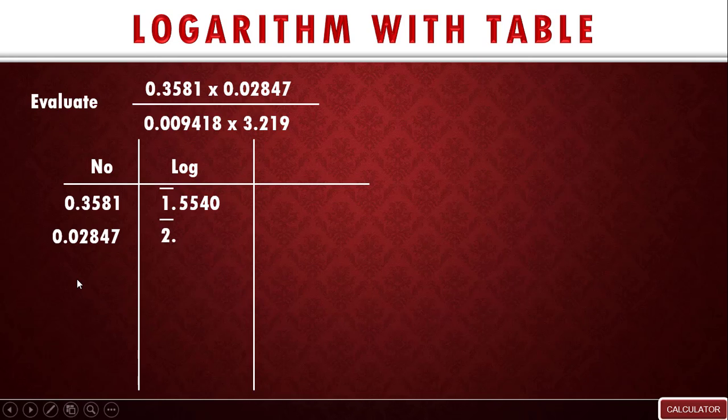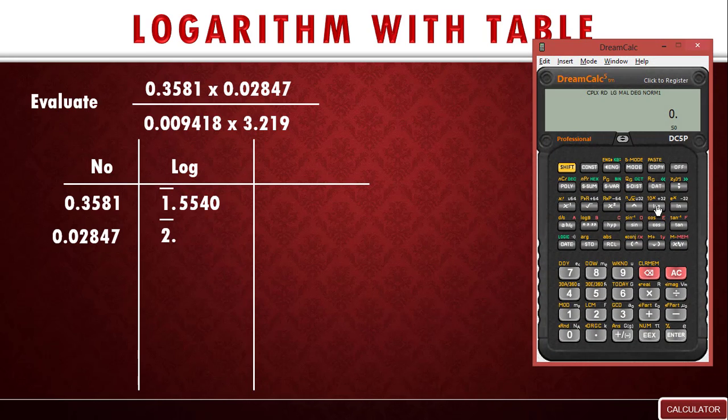If you're using a 4-figure table, just go to your logarithm table and check 28 under 4 difference 7. But with your calculator, press log 2847. We are making use of a workaround here. Press equals or enter, and the only digits we need are the 4 digits that appear after the decimal, which is the mantissa, 4 5 4, and then the last digit.